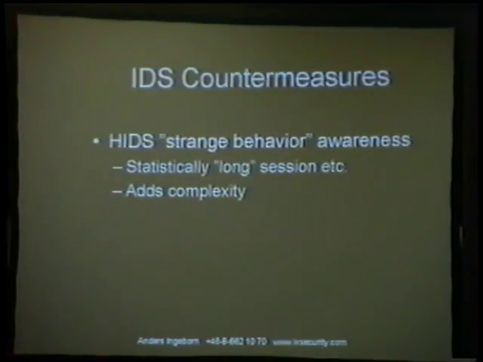For host-based IDSs, you could add some kind of strange behavior awareness functionality, and for example, an attack session might be statistically longer than a normal session. But again, strange behavior awareness will definitely add to the complexity requirements of a host-based IDS, so it will probably not be very easy.